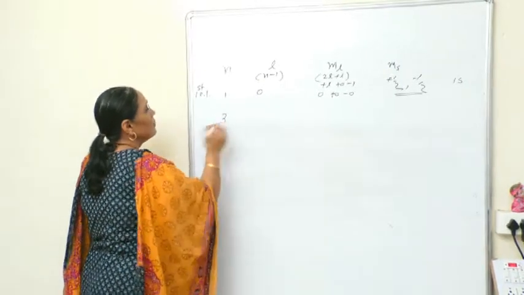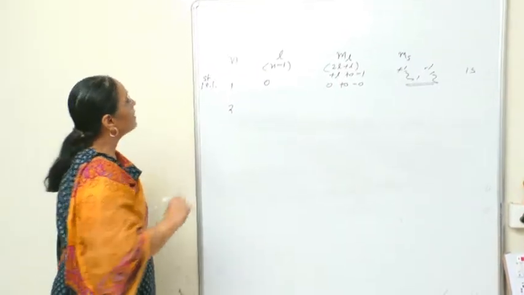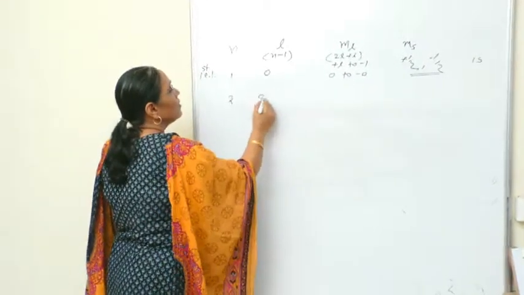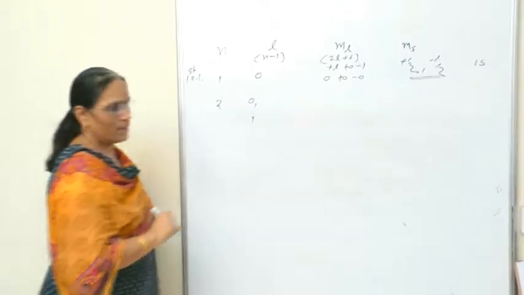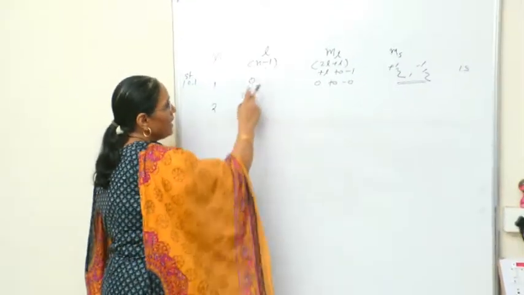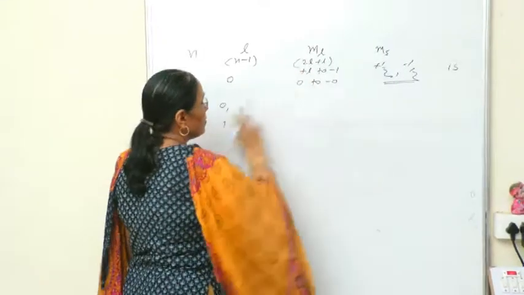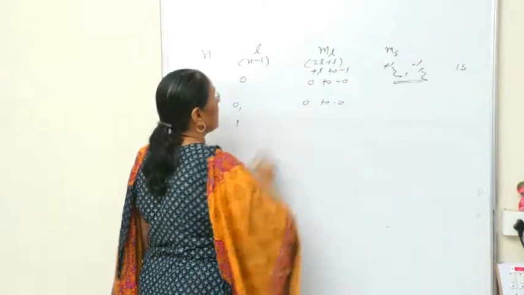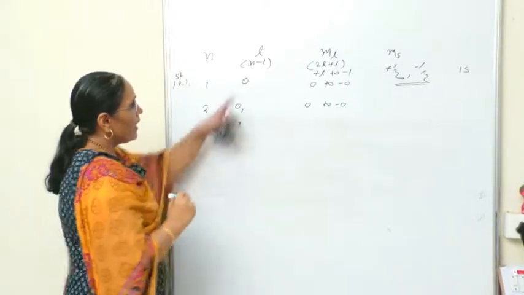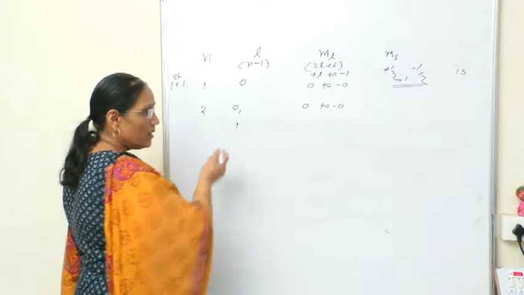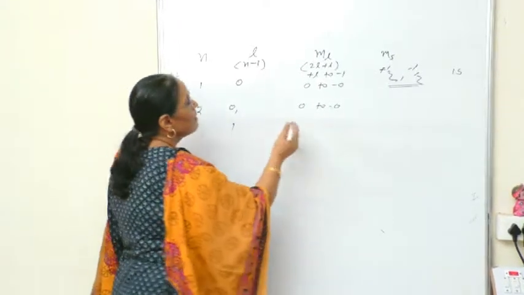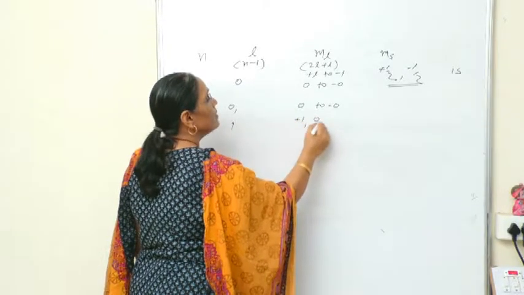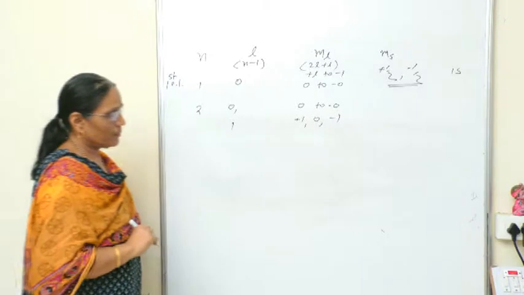When n is 2, that is the main energy level is 2, then l can be 0 and 1.